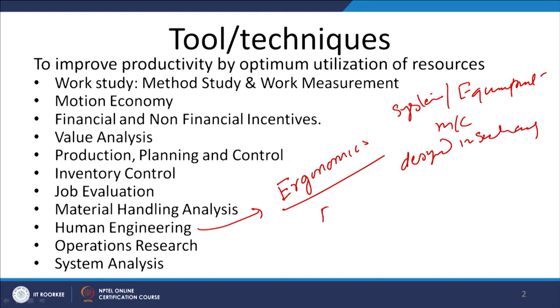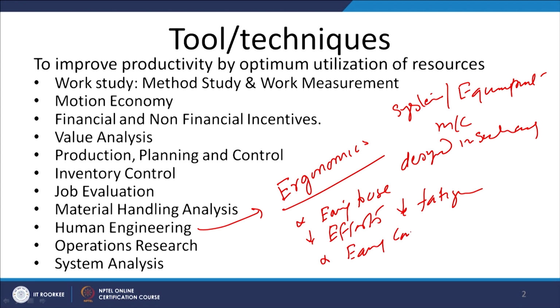So, easy to use, less efforts, less fatigue, easy control. So, this is one aspect which is applied on the equipments and the systems being used by the workers in the course of the production.